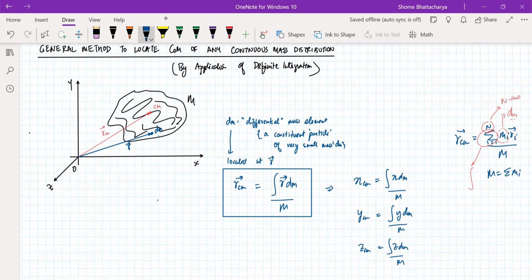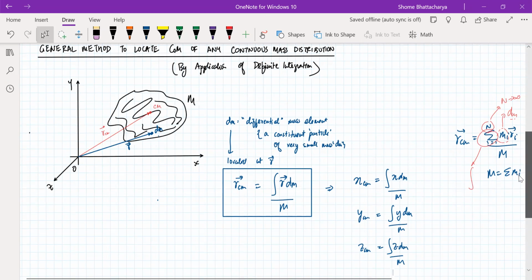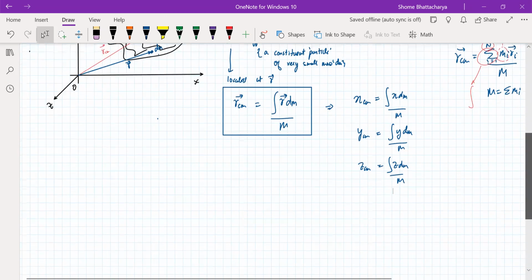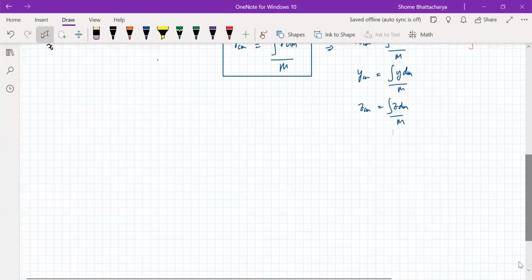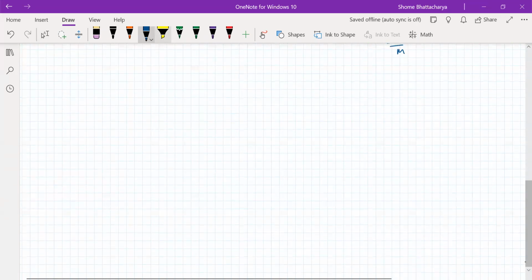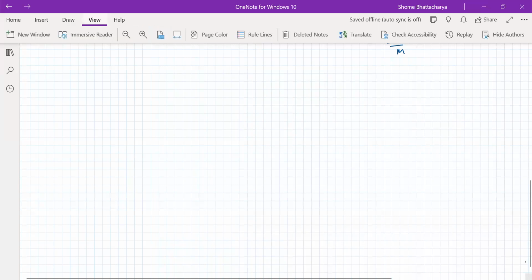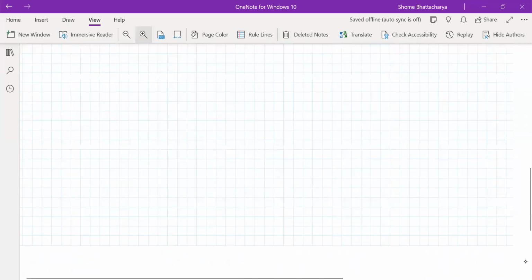So now further, depending on how the mass is distributed for the rigid body over space, we have certain specific methods of executing these integrations. So what we do is we divide our continuous mass systems into categories. Okay.